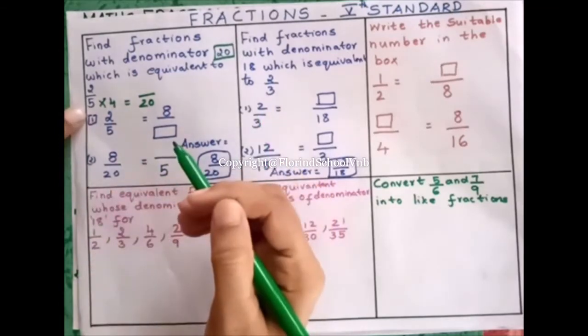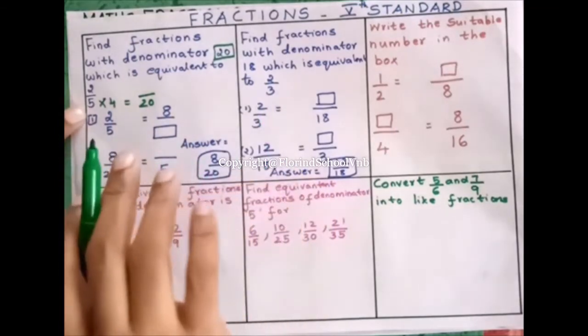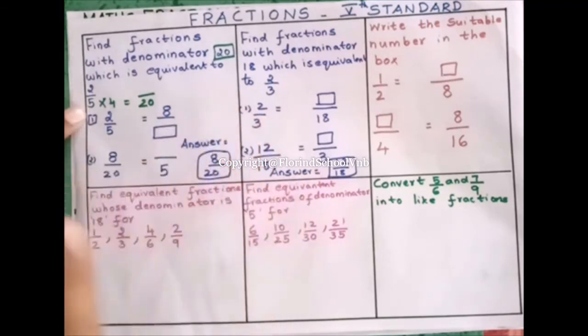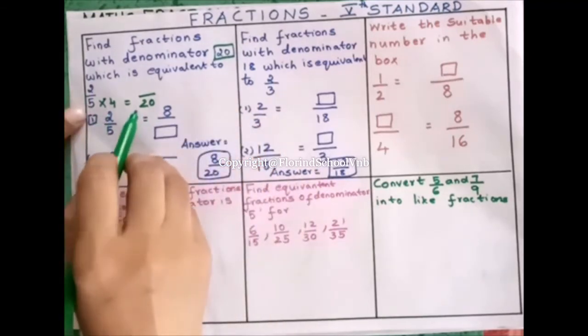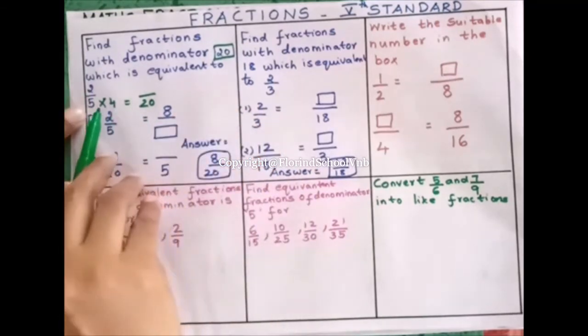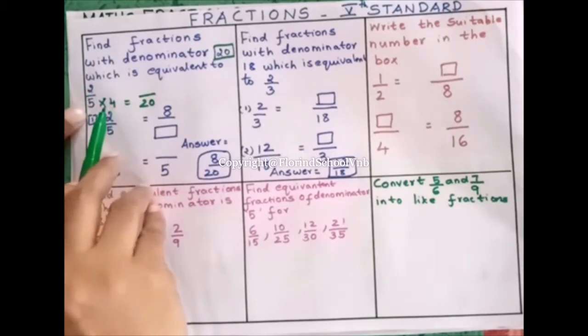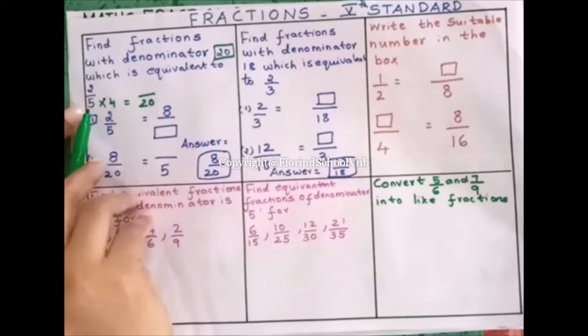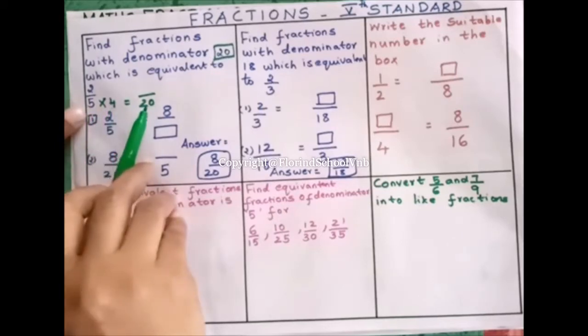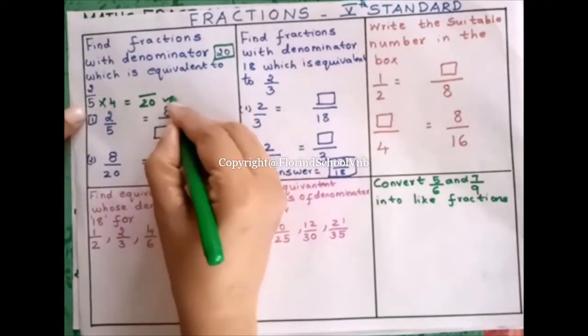An equivalent fraction is a fraction which we get when we multiply the fraction with the same number. 5 into 4 is 20. We have got 20 as the denominator.